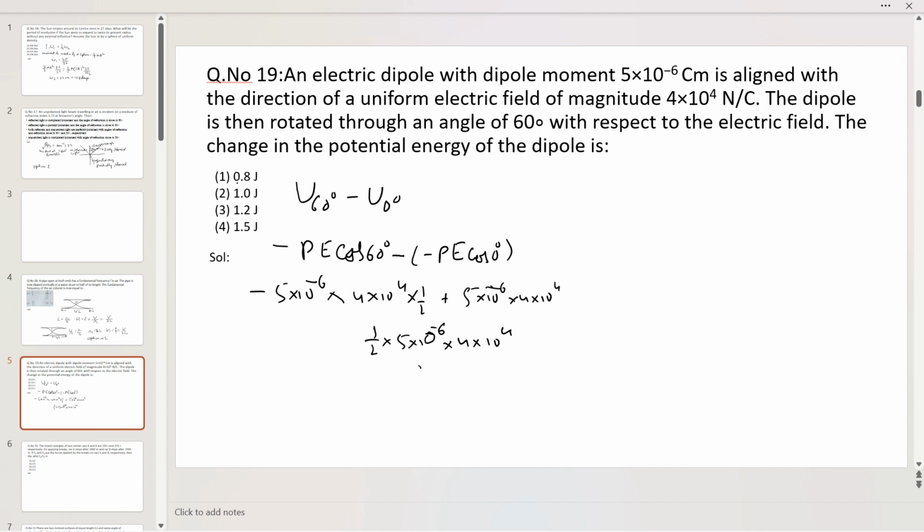This will be 10 to the power of minus 1 joules. There is some problem here.